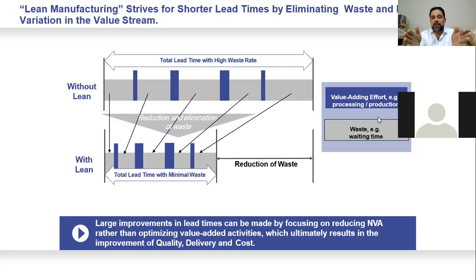So the improvement, rather than going for the value-added activities and improving them, is just to look into the non-value-added activities and reduce them. Some of these wastes we can eliminate, and some of them we can reduce.